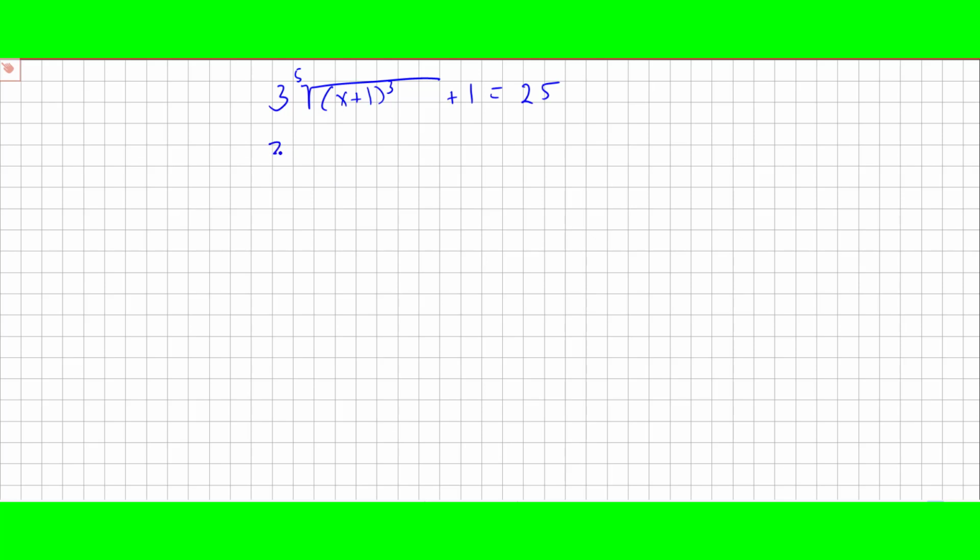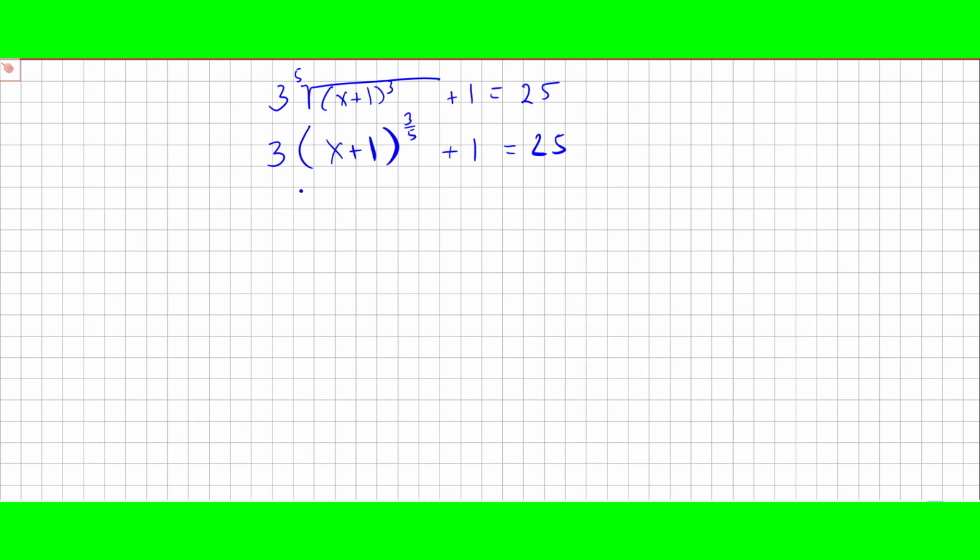So we've got 3 times (x plus 1) to the 3/5, because we have the fifth root of (x plus 1) to the third, plus 1 equals 25. Now let's subtract 1 from both sides.